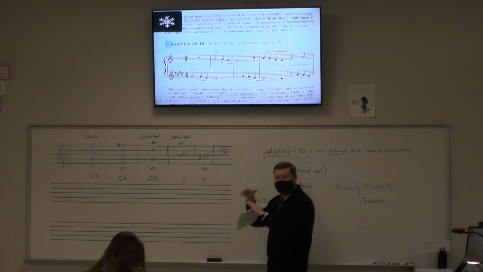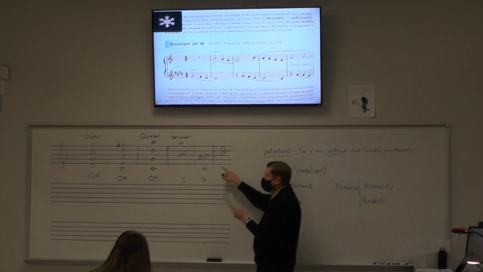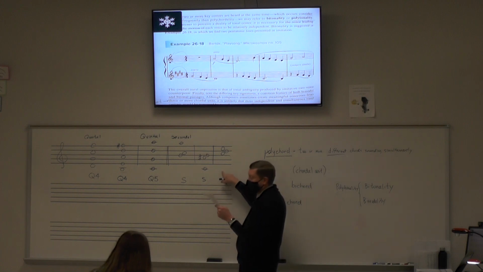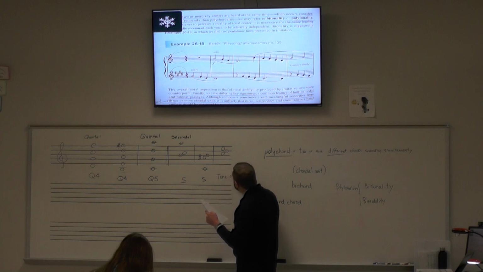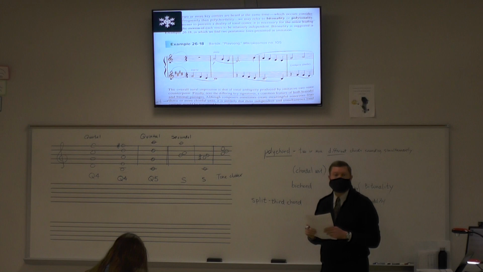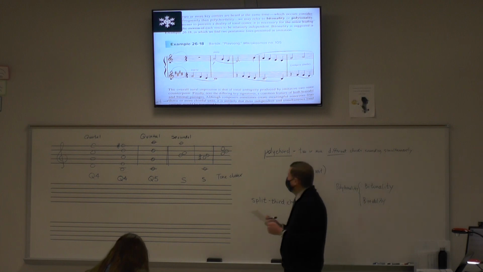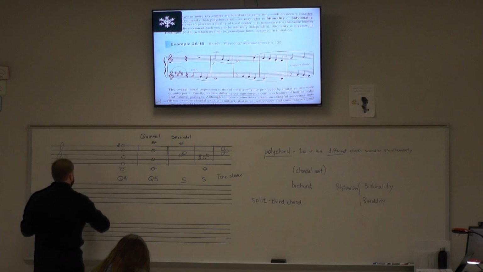It's in its closest, tightest possible position. When a secundal chord is in its closest possible position and adjacent pitches are in second intervals, the chord is called a tone cluster. We go over here and put up another tone cluster.